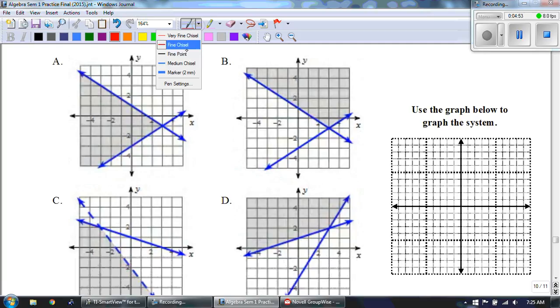Okay, so I'm coming down here at 1. I'm right here and I'm going down 2 over 3, down 2 over 3. I'm doing that in both directions. Okay, and then I'm going to use my straight edge to draw that line. And I know I need to shade everything that is below this line.